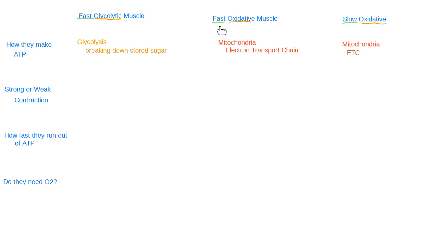Think about a lumberjack chopping up wood. A fast lumberjack can chop up wood really quickly. If you throw all of that wood into the fire, you make a really strong, really hot fire really quickly. So when you see the word fast in the names of these types of muscle tissue, it means we've got a strong muscle contraction.